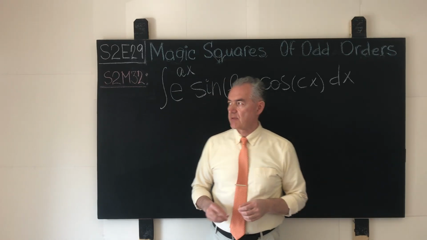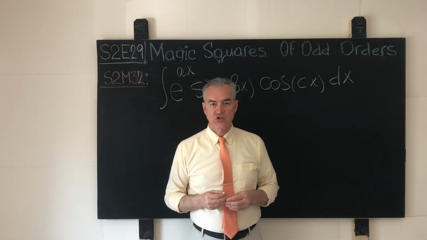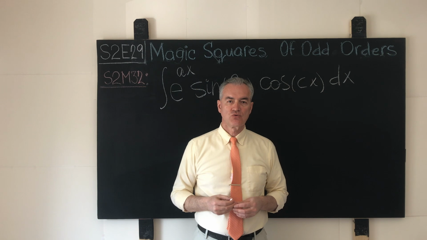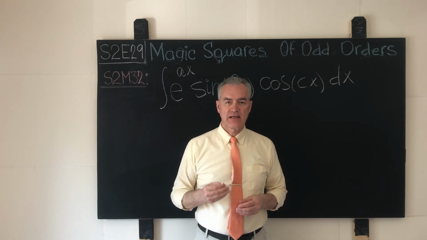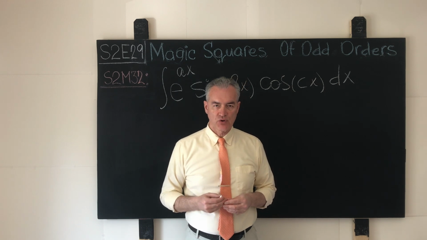Our next challenge, the mathematical problem S2M32, will be the final challenge which we use in order to conduct a dedicated study of the scope expansion or expand and conquer problem solving approach.